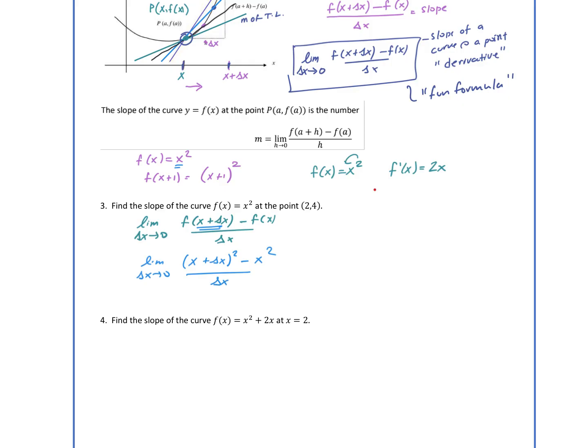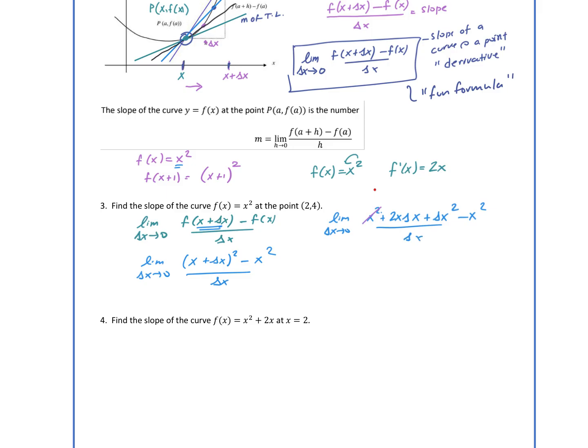Right now, if you plugged in 0, you get 0 over 0. So if we remember from limits, whenever you get 0 over 0, we should be able to simplify it. So I'm just going to FOIL it. I've got the limit as delta x goes to 0 of x squared plus 2x delta x plus delta x squared minus x squared over delta x.